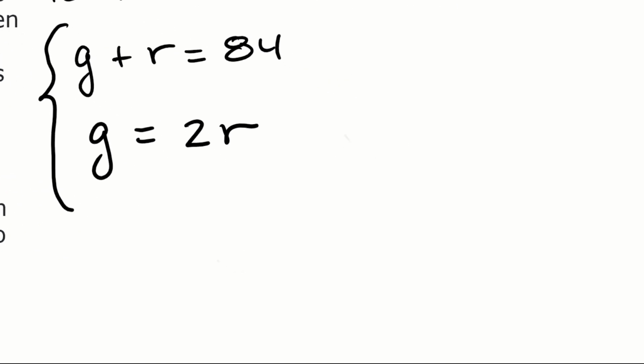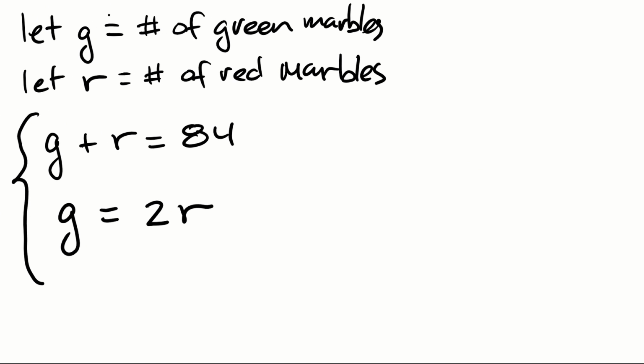Well, setting this up and solving it, it's pretty clear to me that I'm going to use substitution. Yay, substitution. Because the second equation has this expression 2r, which is equivalent to g. So I'm going to replace g in the first equation with 2r.